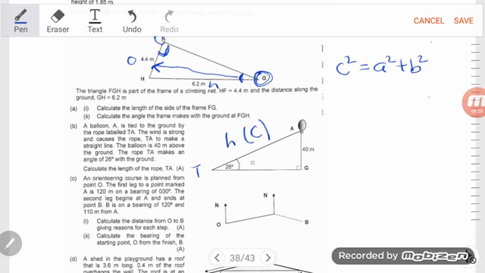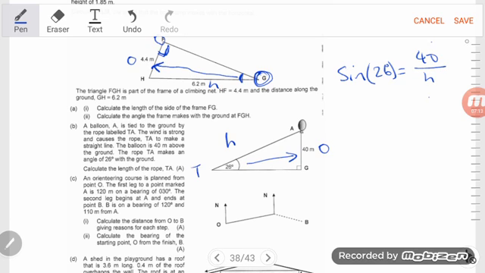So what we should do is actually label this for our trig function. So that's the opposite. That's the hypotenuse. It looks like it's another sine to me. So it should be sine of 26 degrees is equal to 40 meters over the hypotenuse.